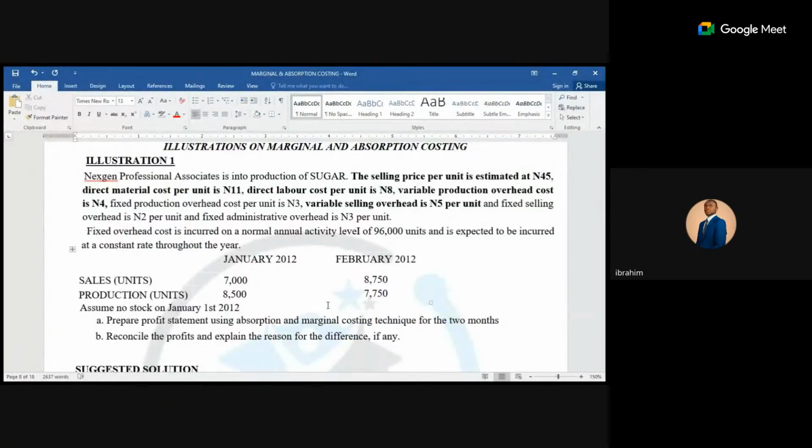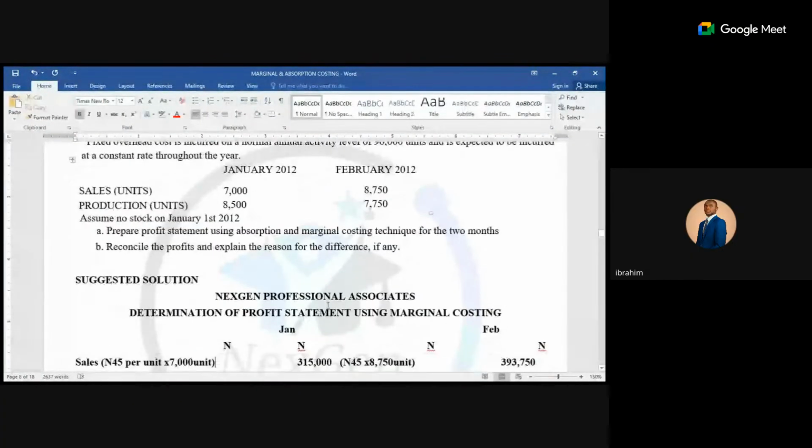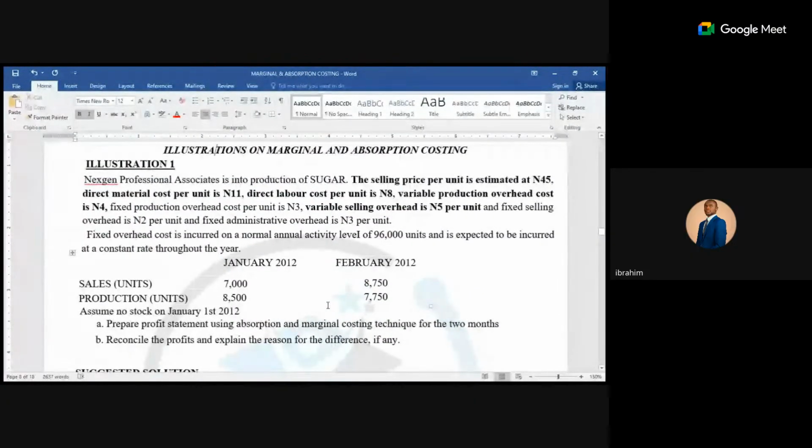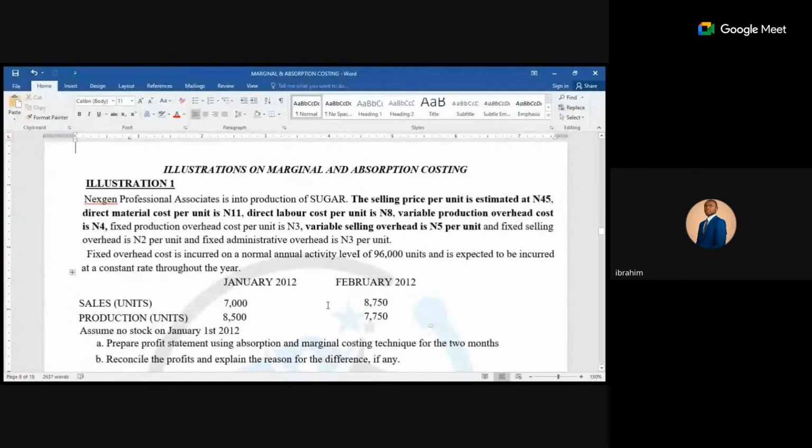The reason why you see that the profit of marginal costing will be different from the one of absorption costing is because of the differences in the valuation of inventory. Marginal costing uses variable cost. Absorption costing uses full costs.